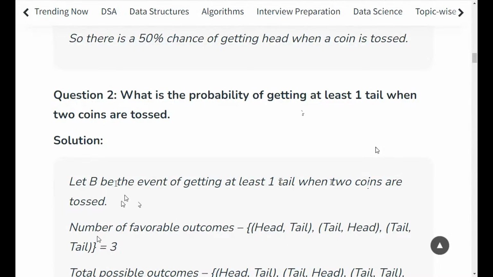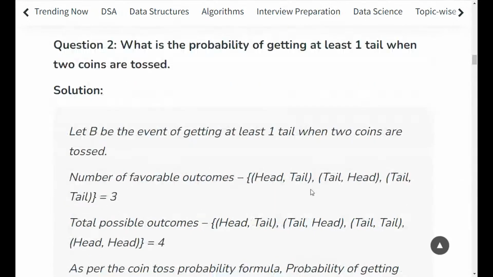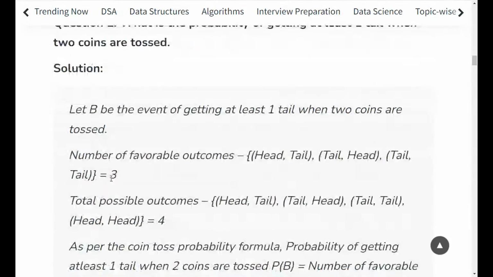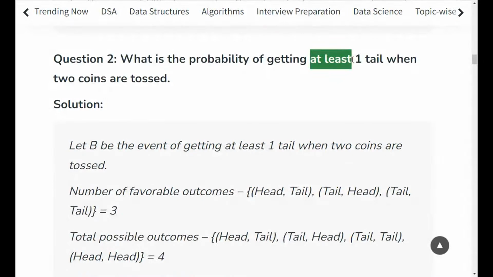The favorable outcomes will be head-tail, tail-head, and tail-tail, which is 3. And both coming as head? No, why? All the combinations that you are making must have at least one tail.